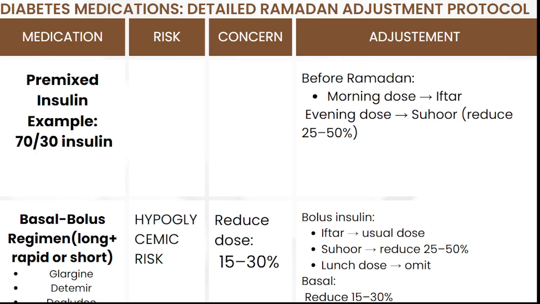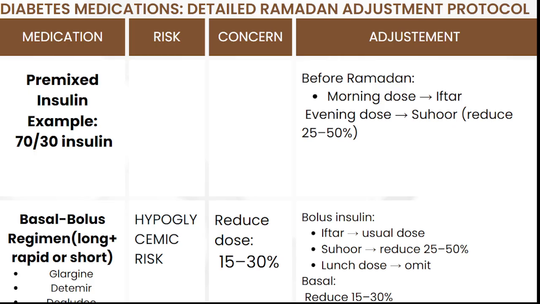Basal bolus regimen. What is the basal bolus regimen? For treating the diabetic patient, I have some regimens if I will use insulin. The most updated regimen is called basal bolus. I will use long-acting as basal, and for the bolus I will use rapid or short-acting insulin. Long-acting, as we said before, glargine, detemir, degludec, has hypoglycemic risk, so I will reduce the dose by 15 to 30%.